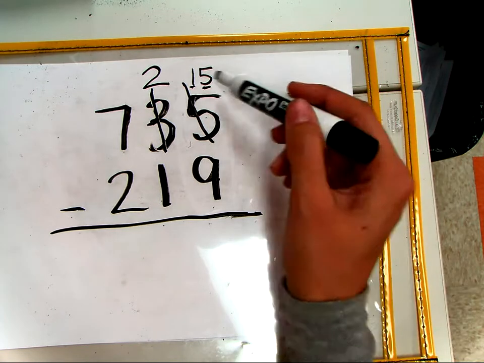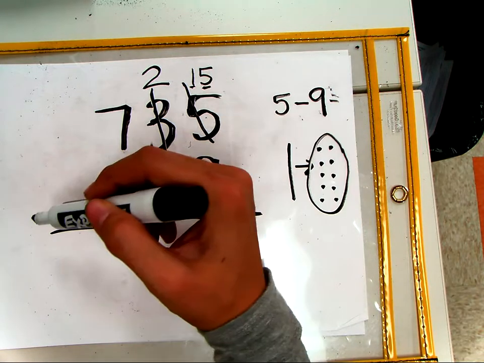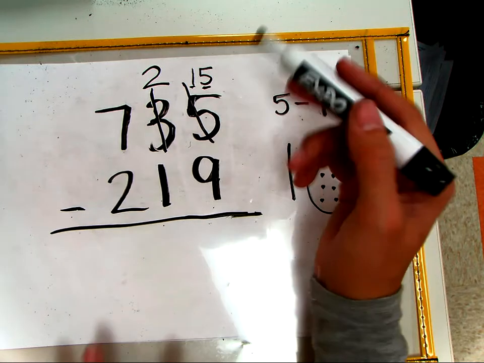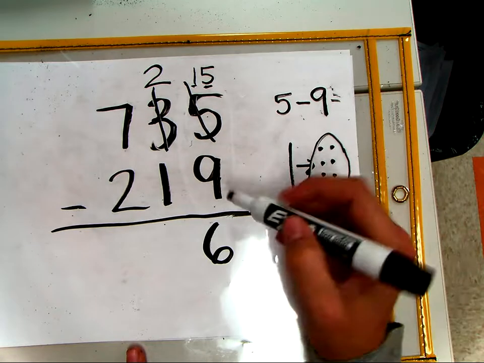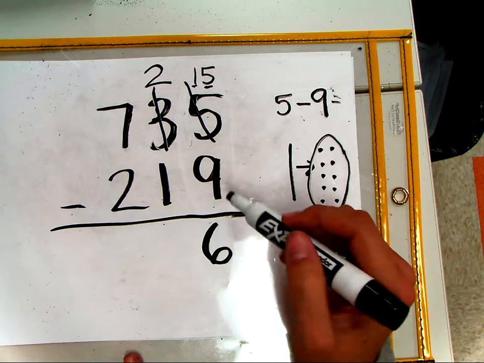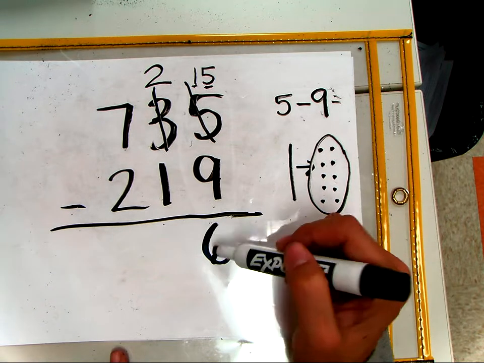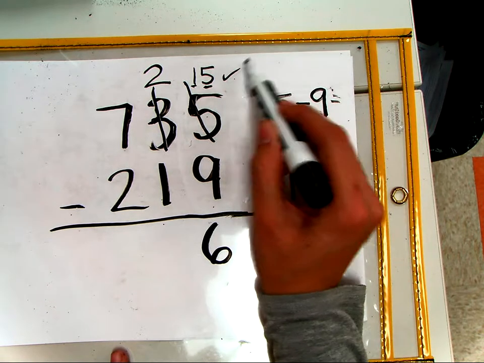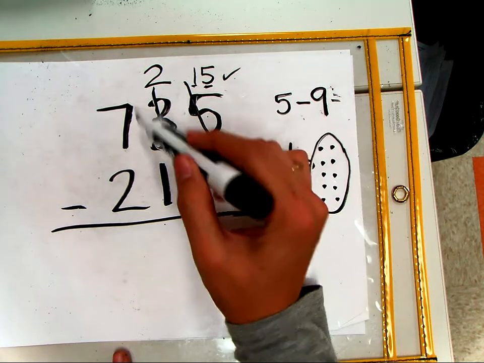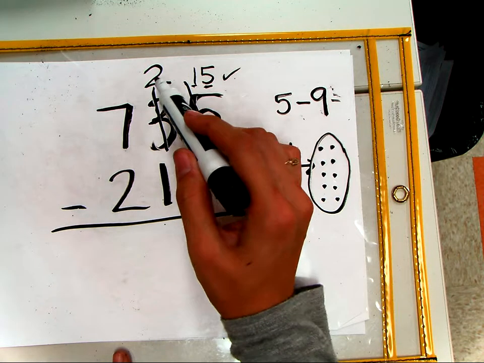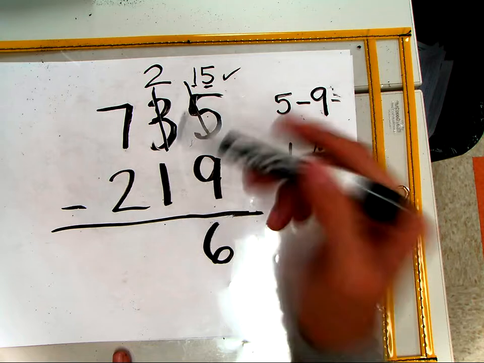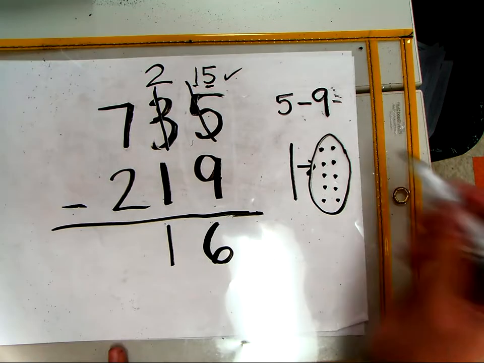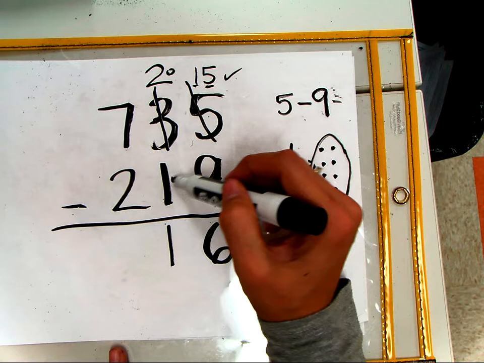So now I can do 15 minus 9, and I get 6. I can quickly check that by adding, because addition is the inverse. 9 plus 6 is 15, so I got that right. When I go to the tens place, 2 tens minus 1 ten is 1 group of 10, or 20 minus 10 is 10.